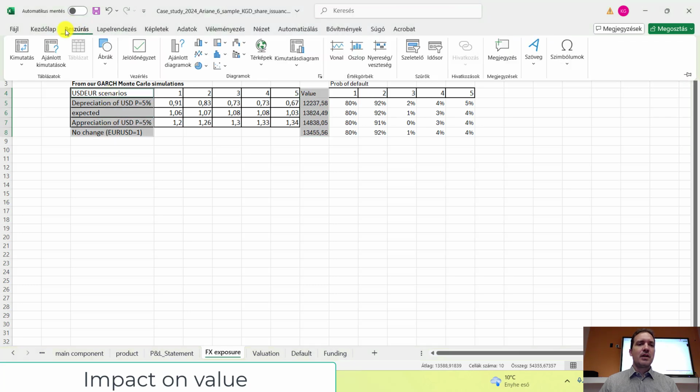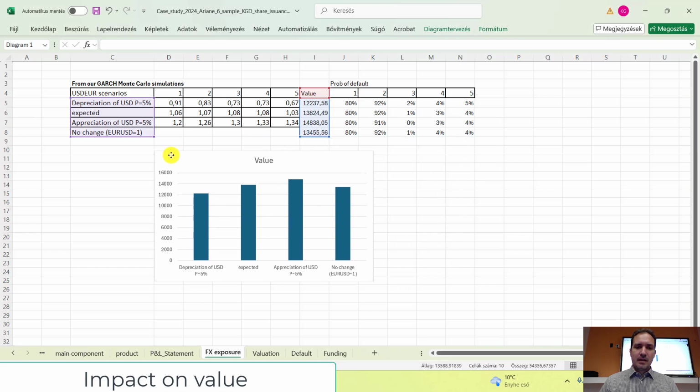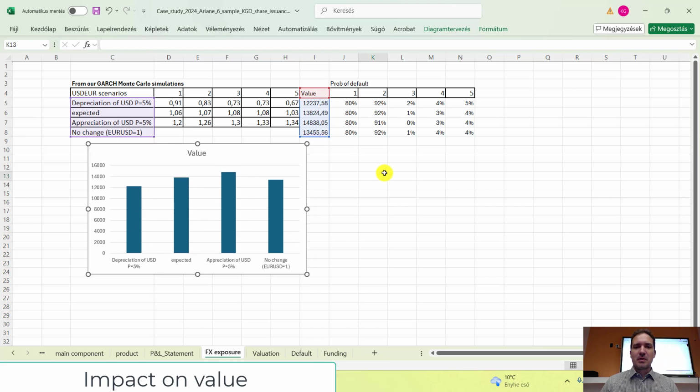So in terms of valuation, we could say that the range of changes is within more than 2000, but that's all in terms of pricing.